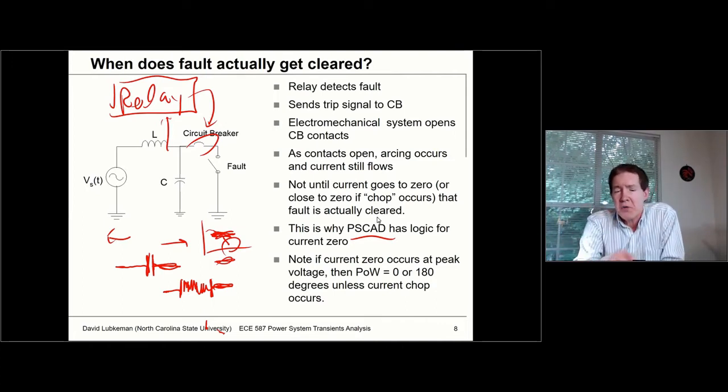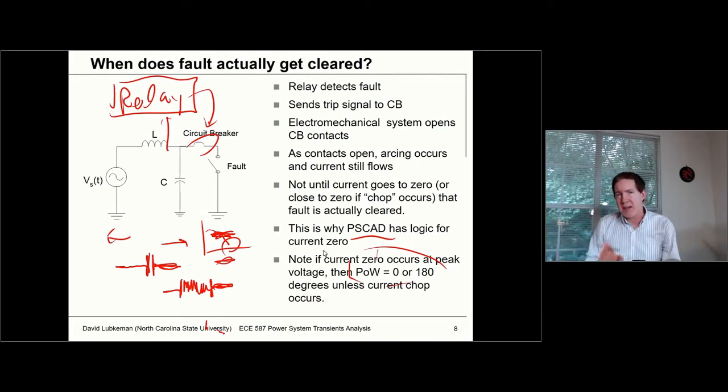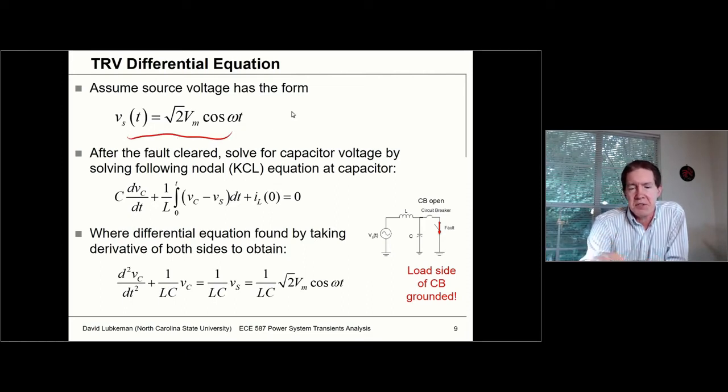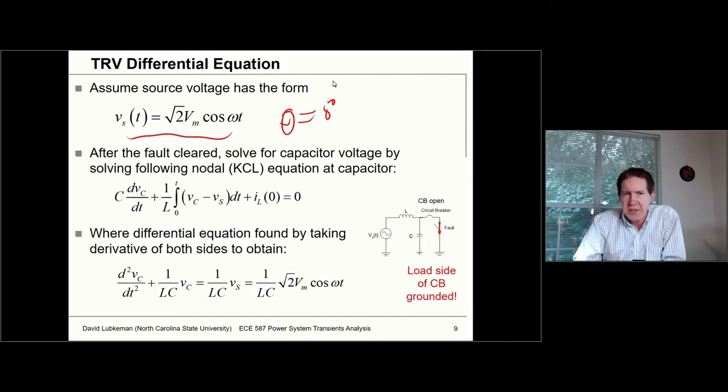If we're assuming in this initial case that we're clearing at a 0 crossing of current, then the point on wave associated with this is going to be 0, 180 degrees. This is why in my analysis I don't have to have this value of theta, at least right now. So in coming up with the equations, this is going to be the form of the current source. Basically the point on wave is going to be 0 degrees in this case. And there are a lot of different ways you can set equations up.